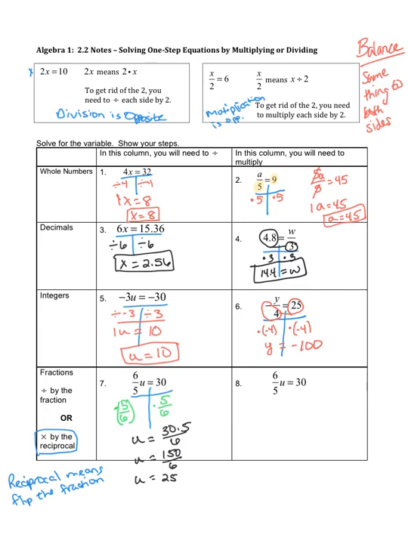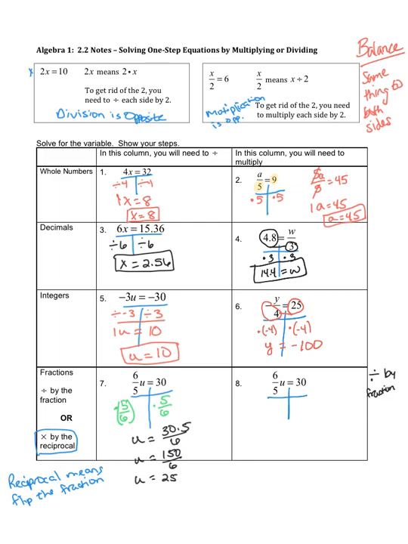Now on number 8, I'm going to do it the other way. I want you to make the choice. This side we're going to divide by the fraction. It's one extra step, but that doesn't make it wrong.